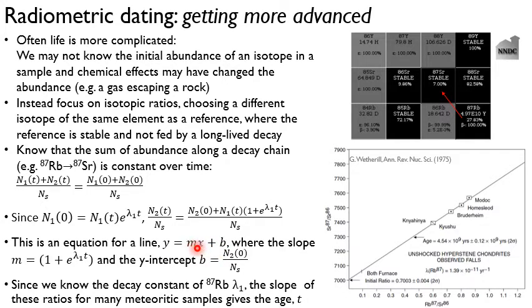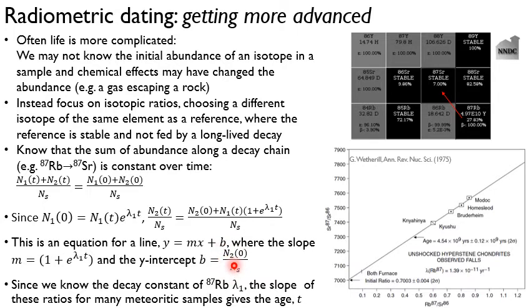The slope of our line is this variable m, and this is 1 plus, in an exponent, the decay constant of, for our example, rubidium-87, times the time since the formation of that sample that had the rubidium-87 in it. So that's the slope of the line. The y-intercept of the line is the ratio of the initial amount of strontium-87 to strontium-86 for our example.